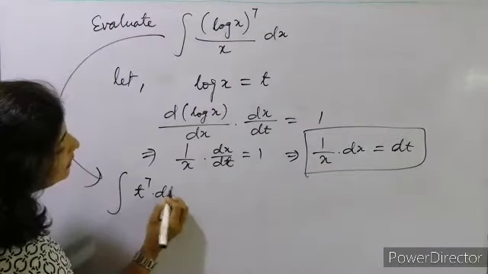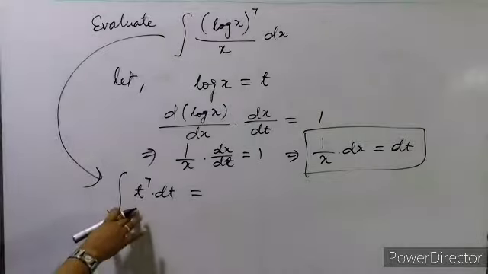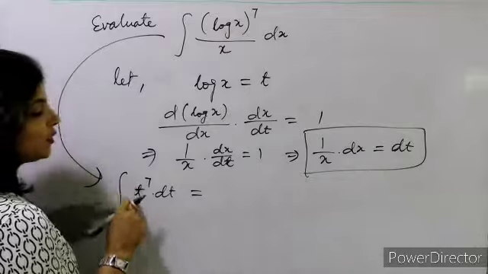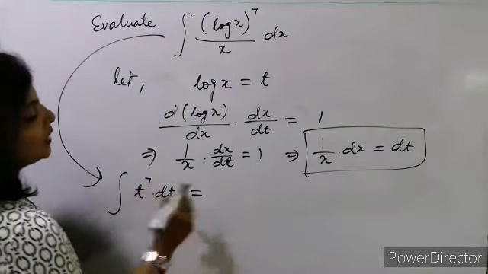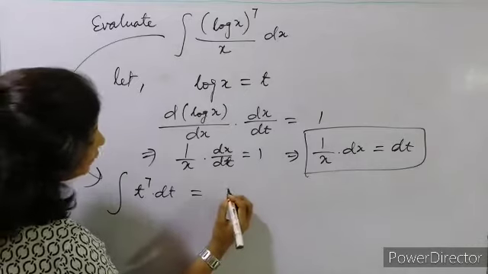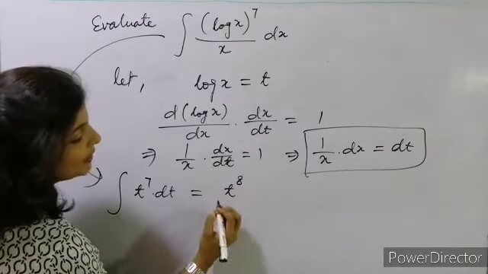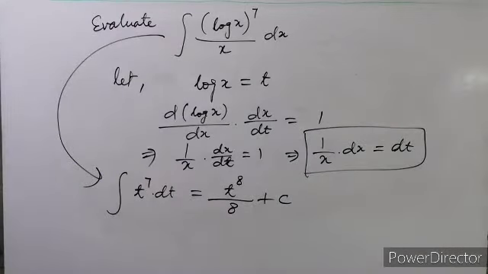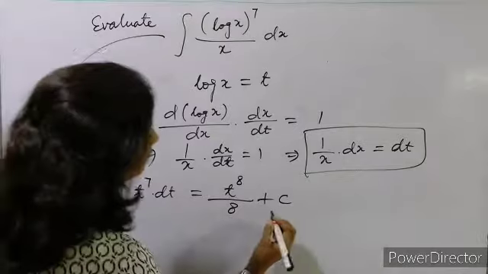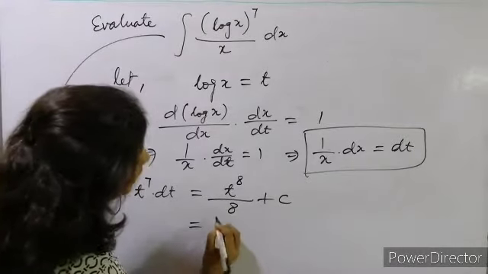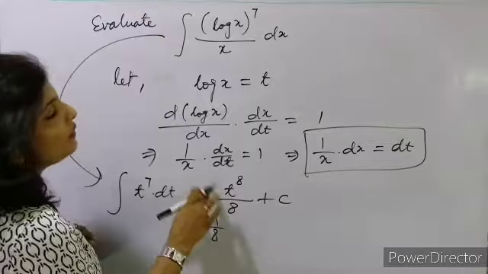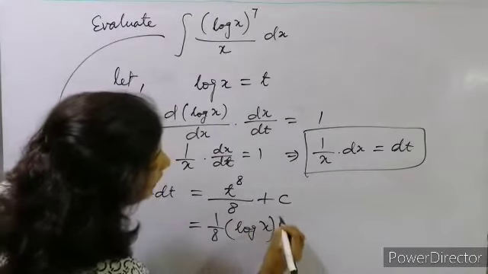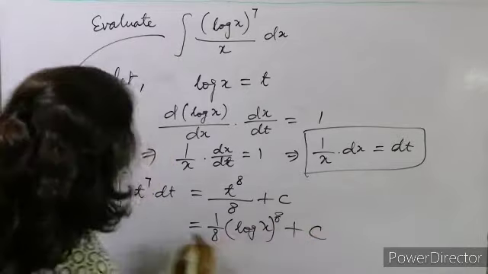So we write dt here. When integrating t to the power 7 dt with respect to t, we increase the power and divide by 8, so we get t to the power 8 upon 8 plus c. Always keep one constant. So this value will be 1 upon 8 multiplied by t, and now we put the value of t from here, that is (log x) to the power 8, plus c.